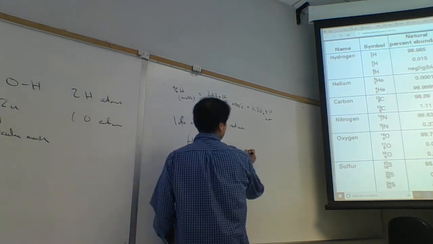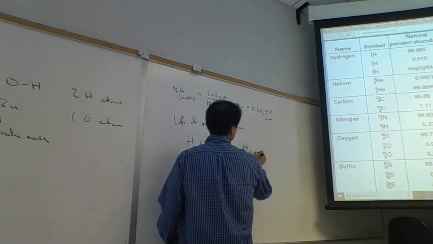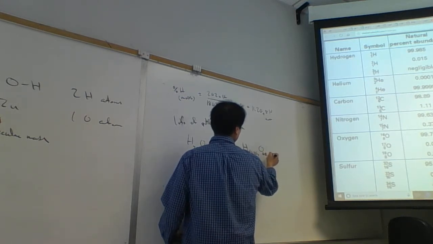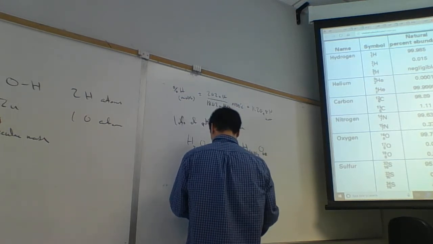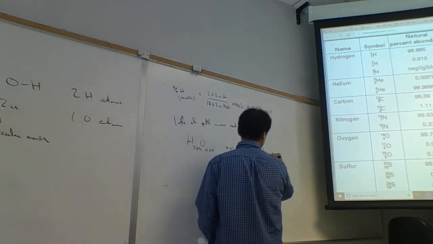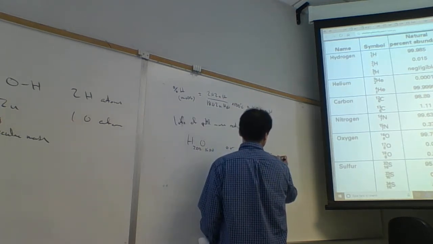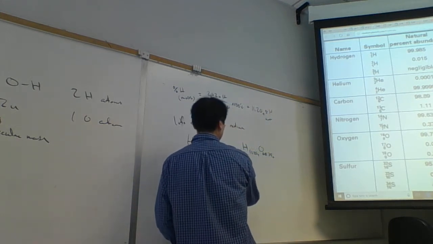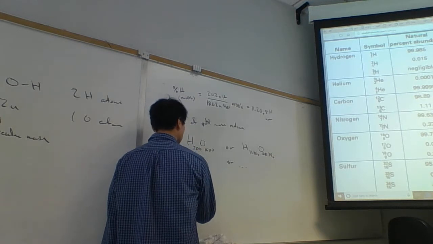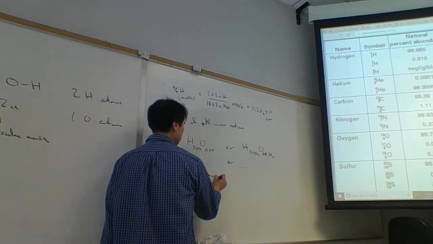Or, saying the same thing, it's going to be H 11.209, O 88.790. Or, etc. All these have the same mass ratio.